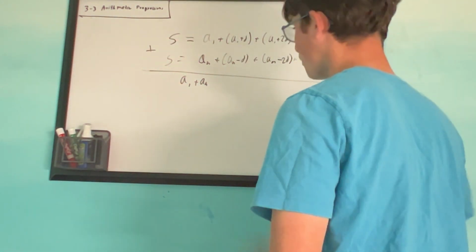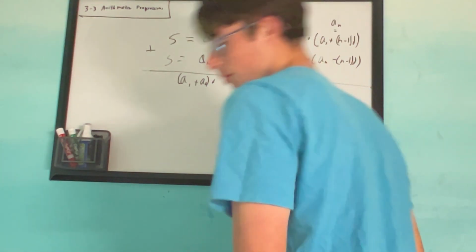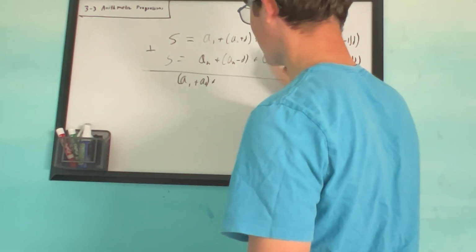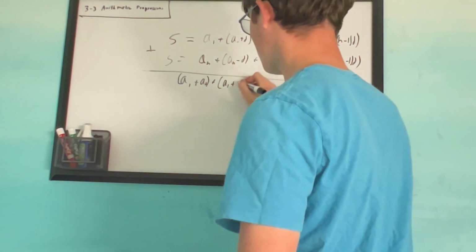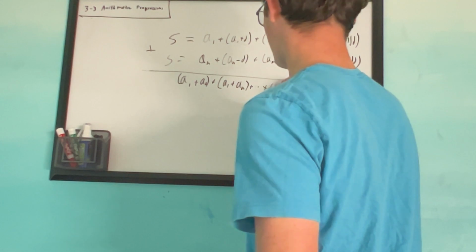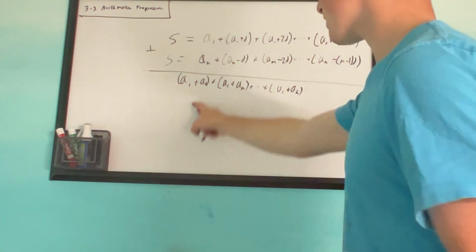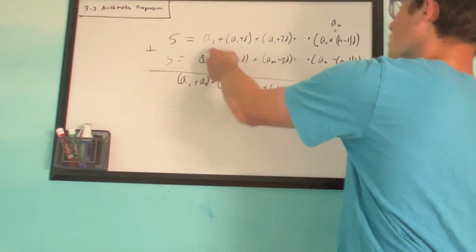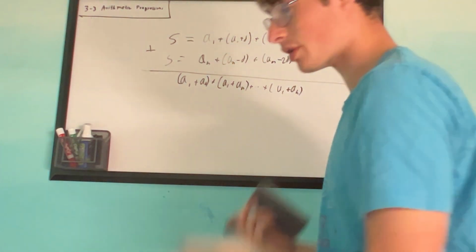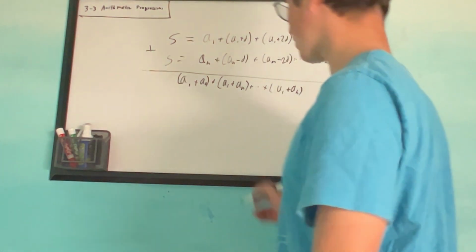Now that I've added those properly, we can see that this d and this d will cancel each other, so then we'll just get a sub 1 plus a sub n. This will just keep going. Now we have a sub 1 plus a sub n, and you can figure out how many times this happens because it's equal to the amount of terms in the initial S series. The series is defined from a sub 1 all the way to a sub n, so that means there are n terms.